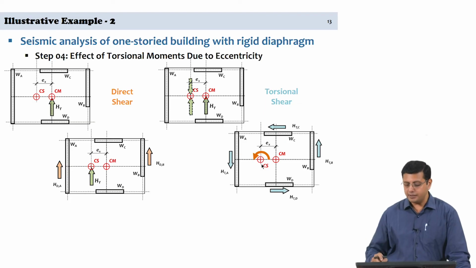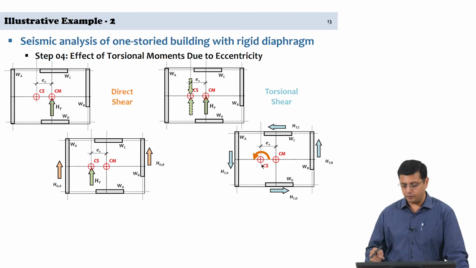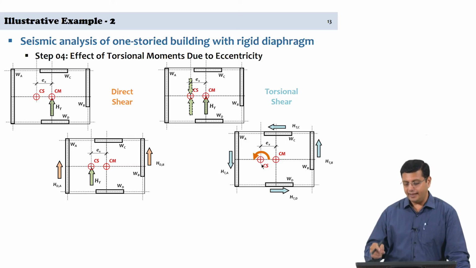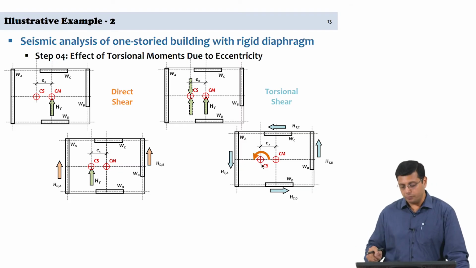It is important for us to look at the position of the center of stiffness with respect to the center of mass, the direction of the earthquake at the center of mass, and then estimate what the shear demand on these walls would be, the direction of the shear demand on these walls.